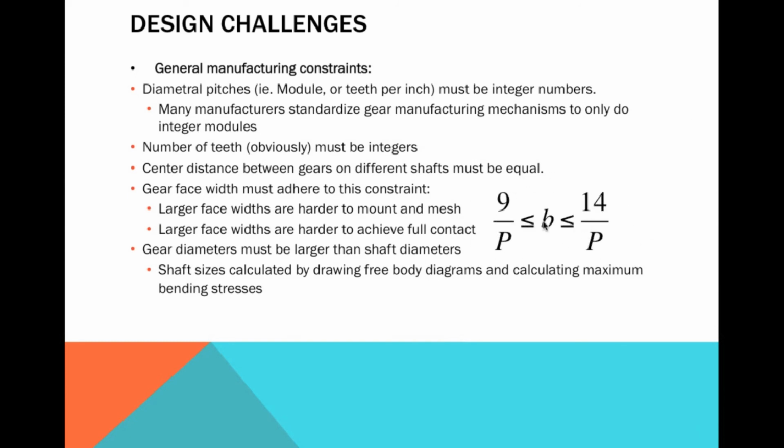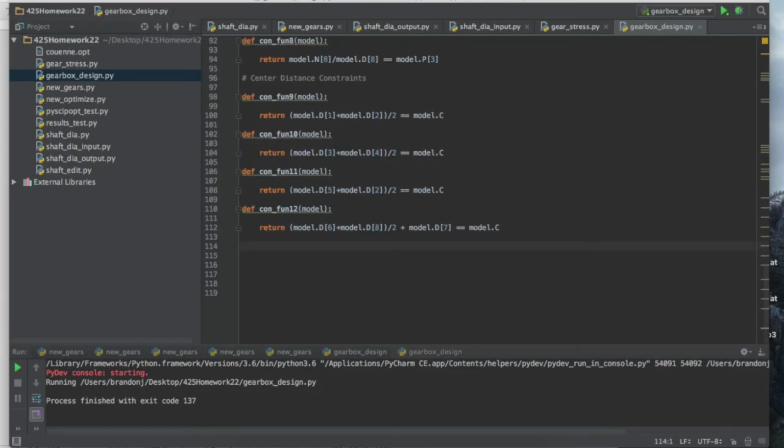Okay, so we need to make sure that B, any given face width, is in between the corresponding pitch constraint, 9 over P and 14 over P. So declare, we'll just call this pitch face width constraints, def con fun 13 model. Okay, and this is going to be the most irritating part of all the constraints.